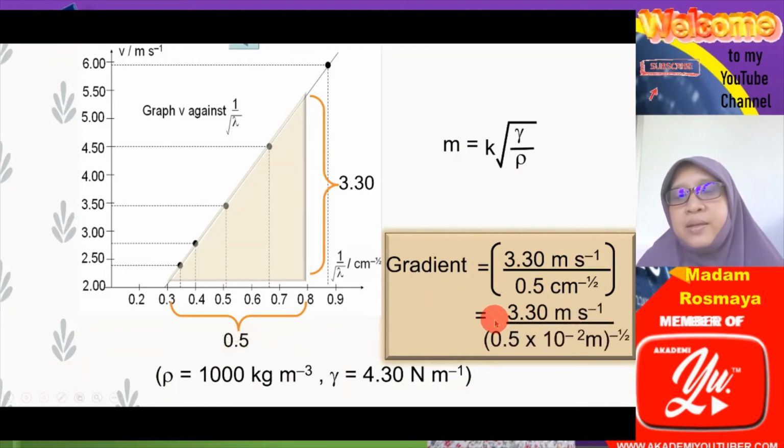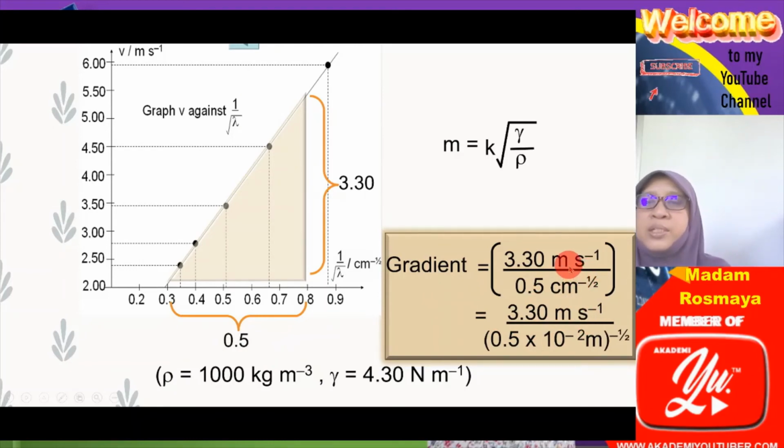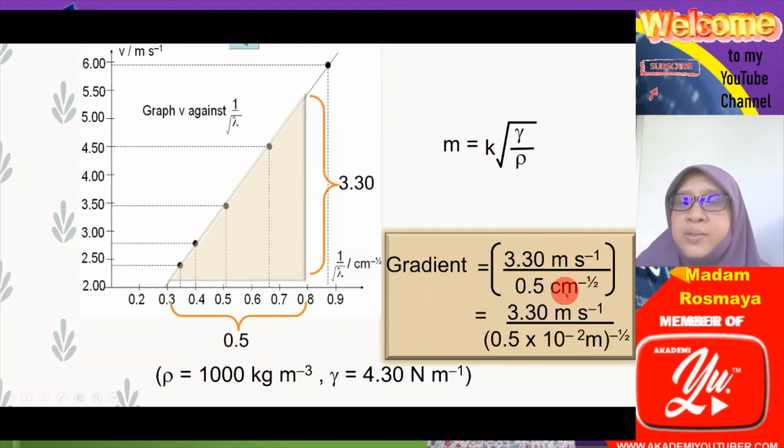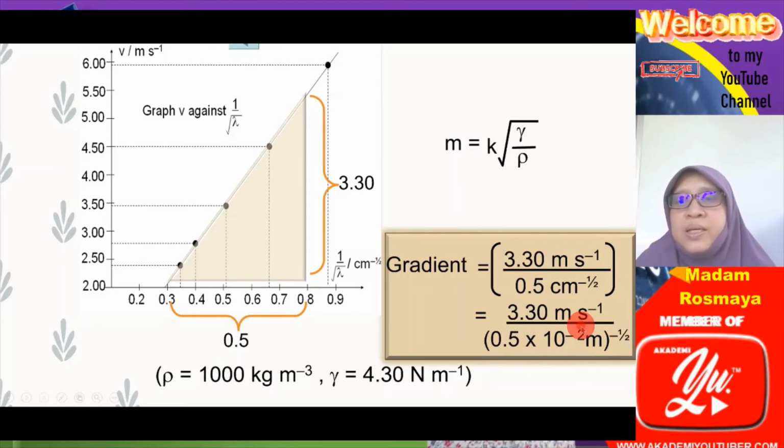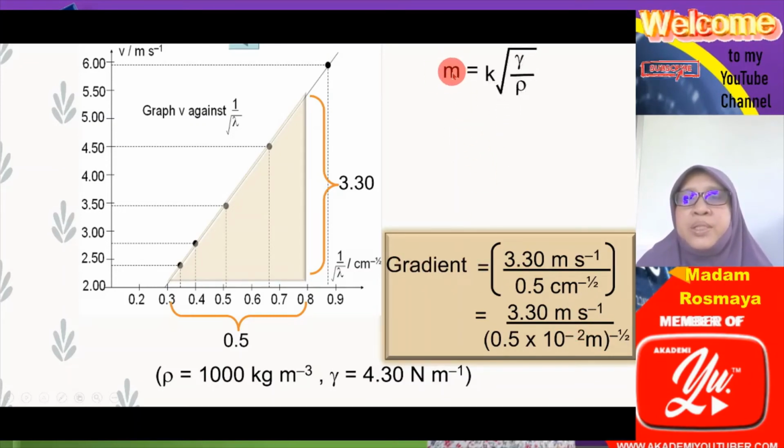We get the gradient, and we make sure the units are the same, so we convert the centimeter to meter: 0.5 times 10 to the power of negative 2. Now this is the gradient. M is the symbol for gradient.